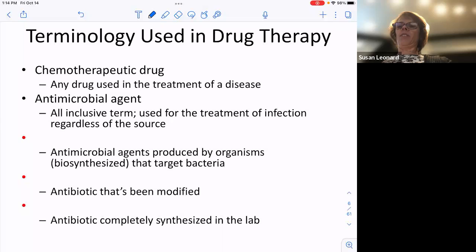So it doesn't have to be an infectious disease, any kind of disease. And if we're talking about treating an infectious disease, then we would call that an antimicrobial agent. So it could be an infection due to a fungus or a protozoa or a virus, anything.